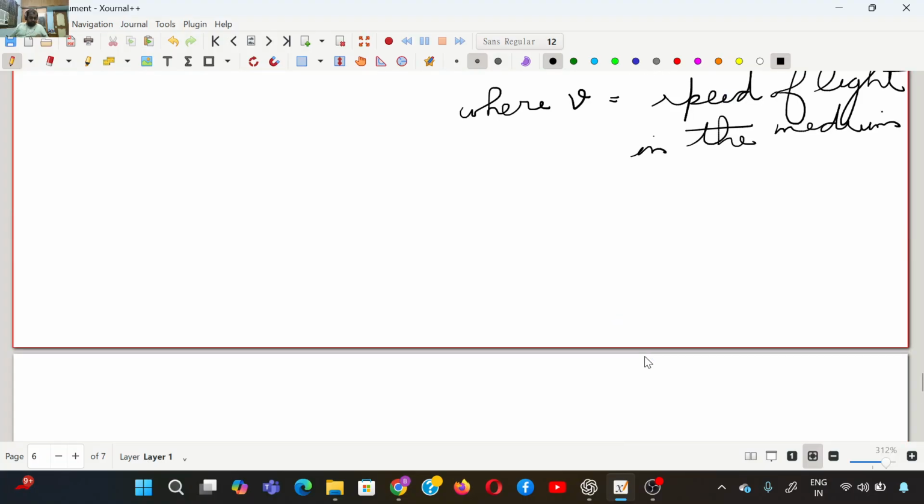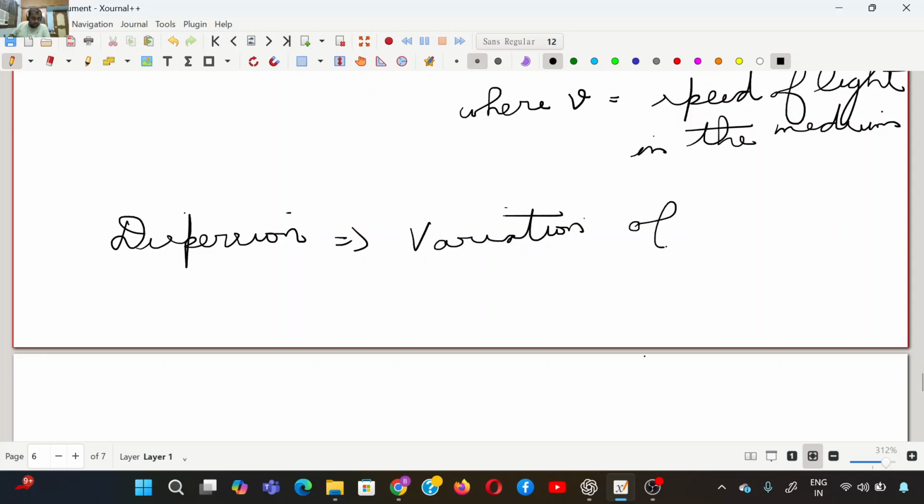Which brings me to the next definition. What is dispersion? Dispersion is basically the variation of refractive index, that is n, with wavelength.